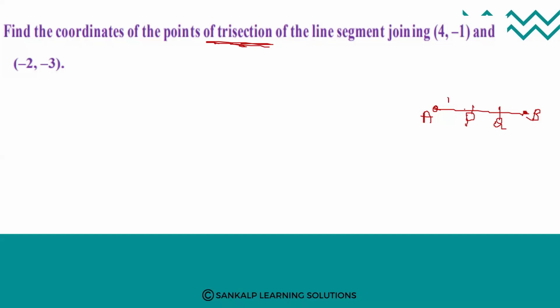So if the total distance is 3, then A to P is 1, P to Q is 1, and Q to B is 1. That means P and Q divide the line into 3 parts. That we call a trisection. Okay.